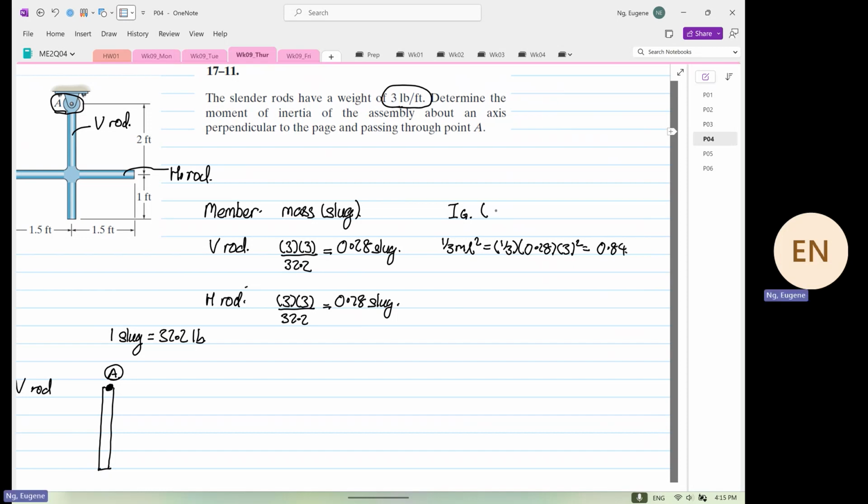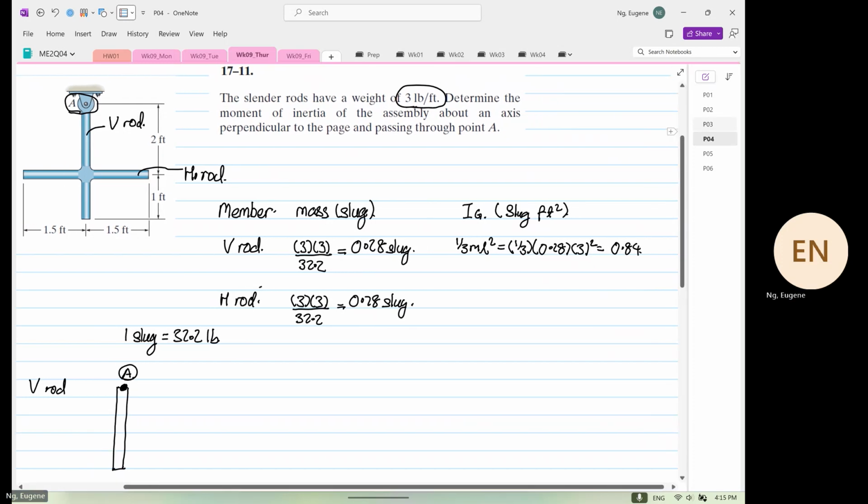The units over here will be slug feet squared. Now, the H rod is not so straightforward.